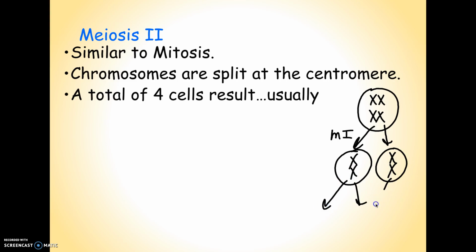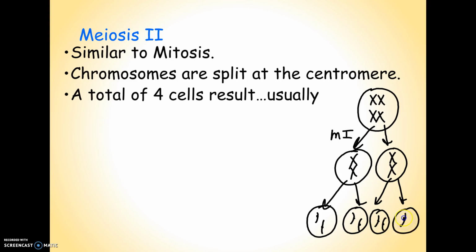In meiosis II, the actual chromosomes themselves split at the centromere. Nothing has technically changed as far as the number of chromosomes. This went from 2n to n, but these are still n. These are still haploid. We haven't cut the number of chromosomes in meiosis II.